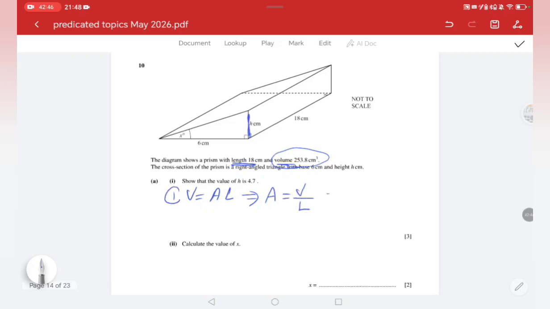The volume is 253.8 over length, which is 18. This will give us the area. 253.8 over 18 is 14.1.